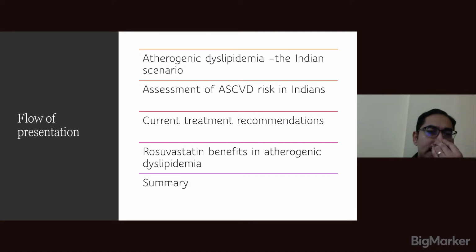I will be discussing what atherogenic dyslipidemia is, the Indian scenario, how we assess atherosclerotic cardiovascular disease risk in Indian patients, the current recommendations for treatment, and the benefits of rosuvastatin in these kinds of atherogenic lipid profiles.